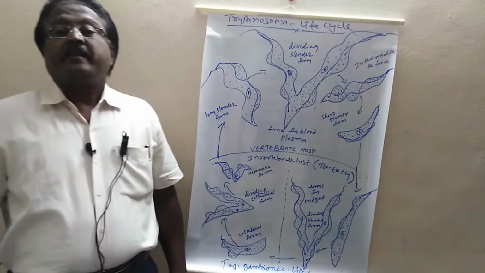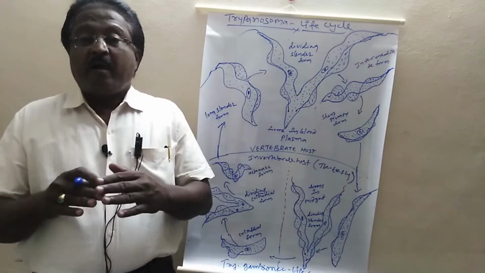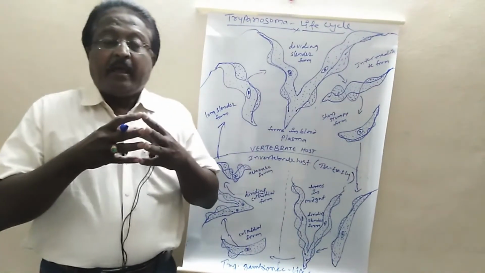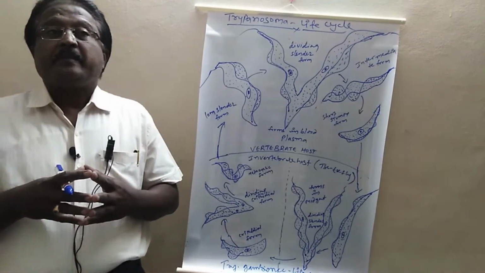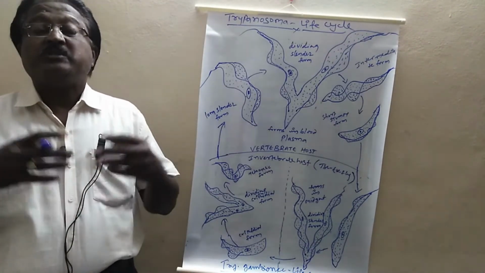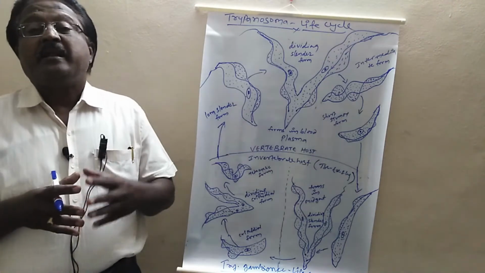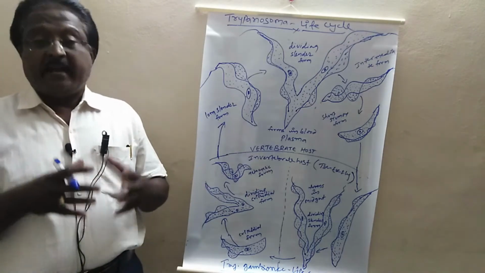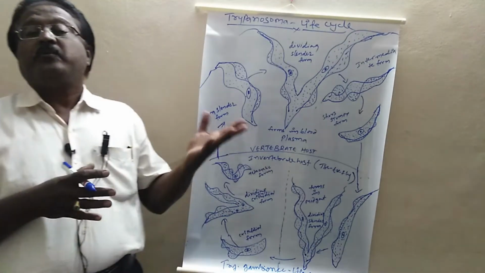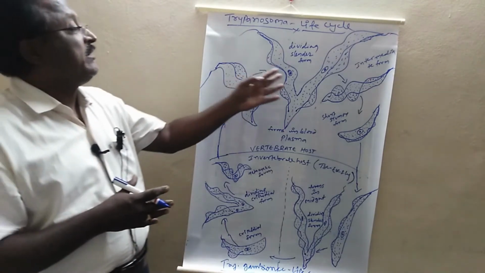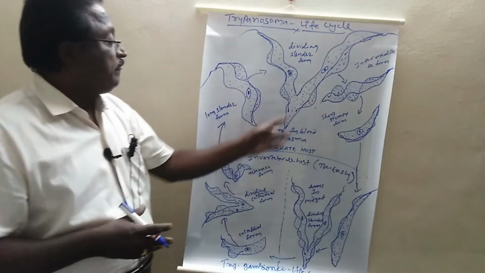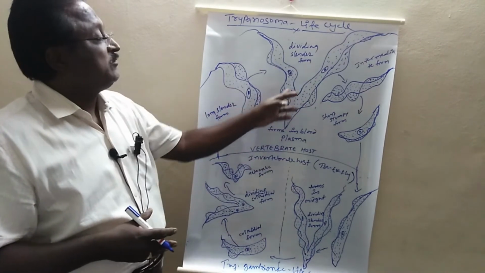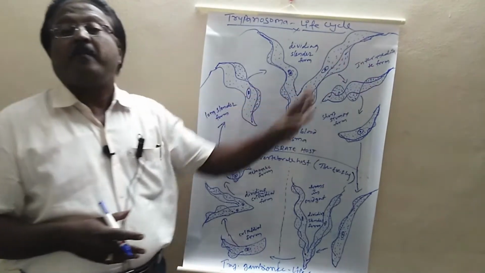After some time it undergoes longitudinal binary fission, then it stops feeding and is transformed into an intermediate form. In the vertebrate host there is the long slender form, which divides into two, and the intermediate form.